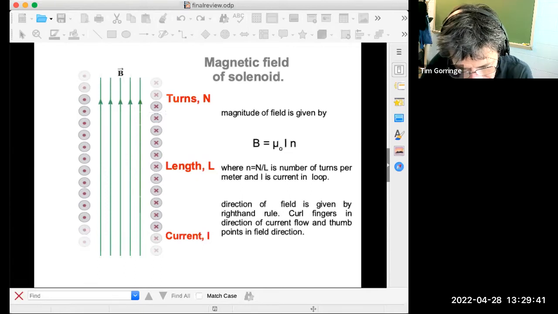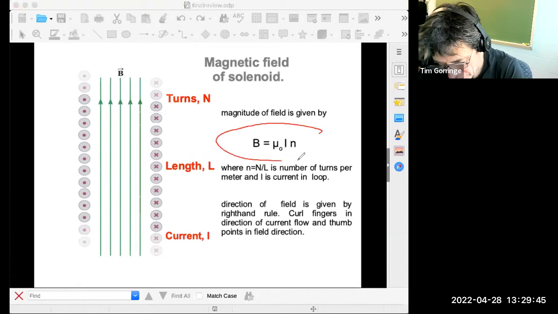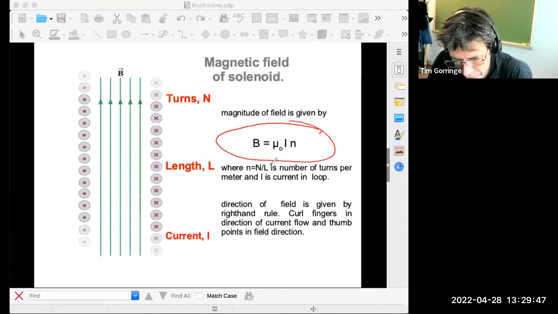And there's an equation here for the magnitude of this magnetic field inside the solenoid. And it's quite interesting because it just depends on the current that's flowing in the solenoid. So it's in proportion to the current in the solenoid.